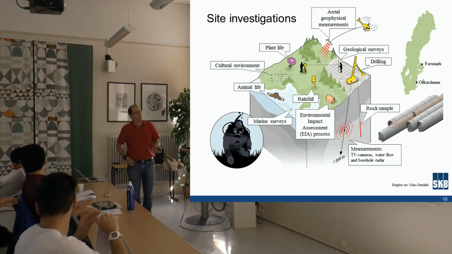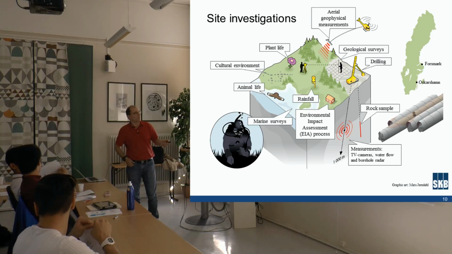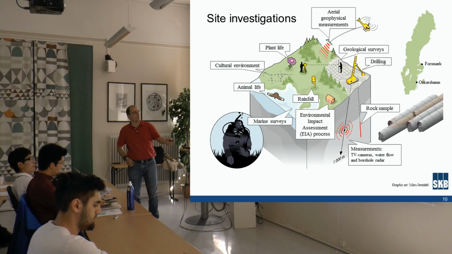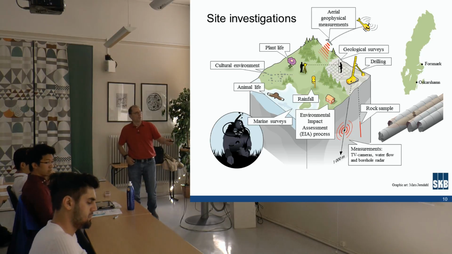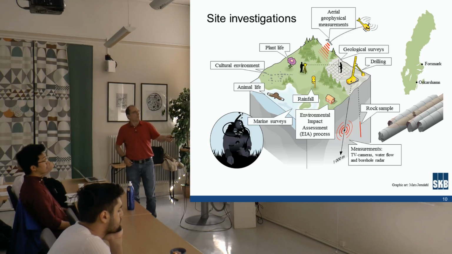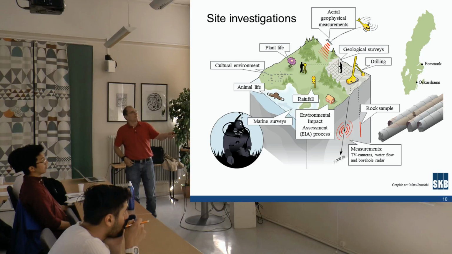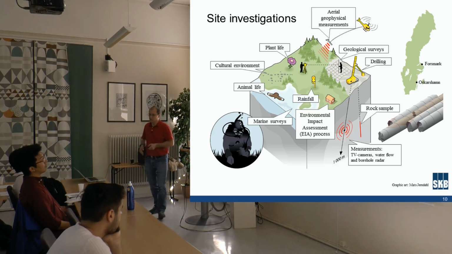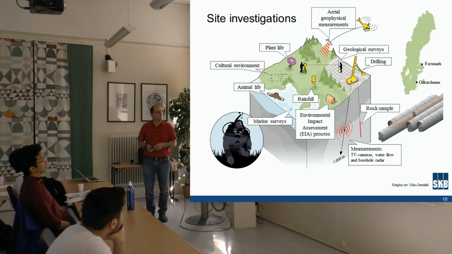And it was investigations on the surface, geological survey. It was drilling to take cores from the ground, different types of measurements in the drill cores and the boreholes. And then we had an aerial geophysical measurement done, or several measurements.